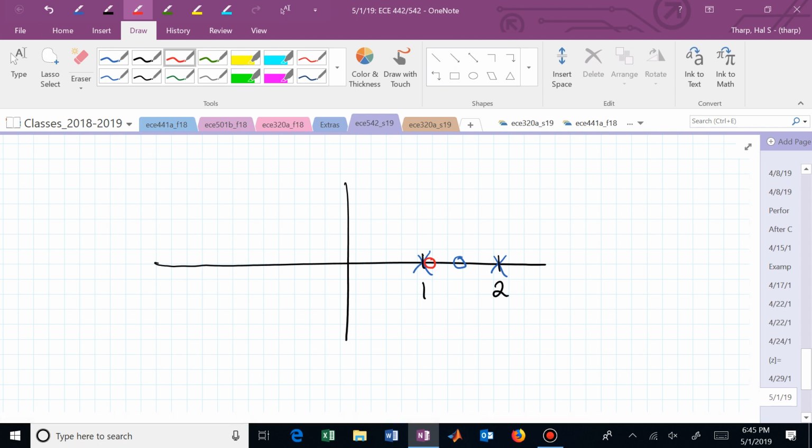It didn't. And what else did it give me? I'm going to have to look at my notes. Can I cheat? I hope I wrote it down. Okay, it gave me another pole over here at almost 2.5, and it gave me another pole way over here at minus 3.73. Can we sketch the root locus for that?